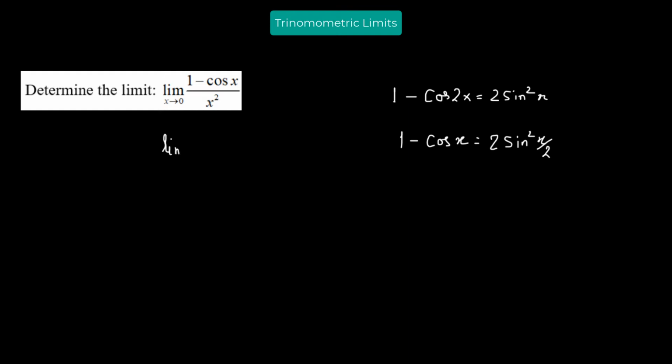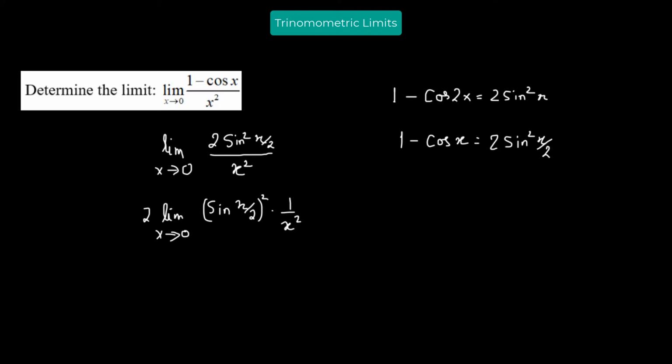So we have limit x tending to 0, 2 times sine squared x over 2 divided by x squared. We can bring the 2 to the front of the limit since it's a constant. So we have sine x over 2 whole squared times 1 over x squared.